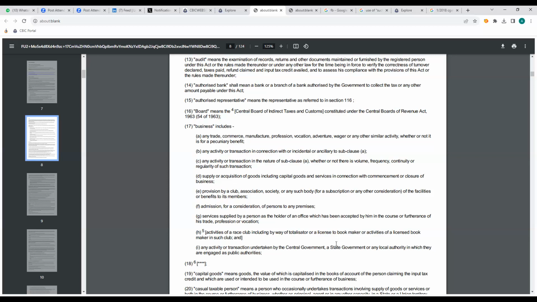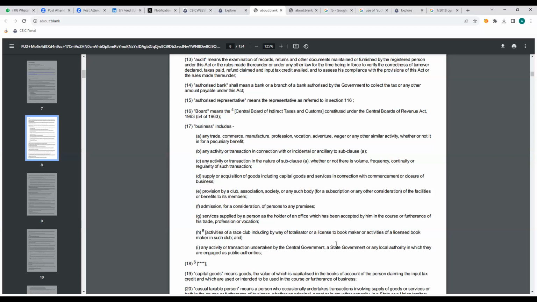In my opinion, yes, it might fall in business, but before falling into the scope of supply, the transaction should fall within the scope of service. And service is something wherein two parties mutually come to the table and agree to a thing, and either party has the option to back out in case he does not agree to the terms of the contract. So there has to be a free and fair dealing between the two parties.